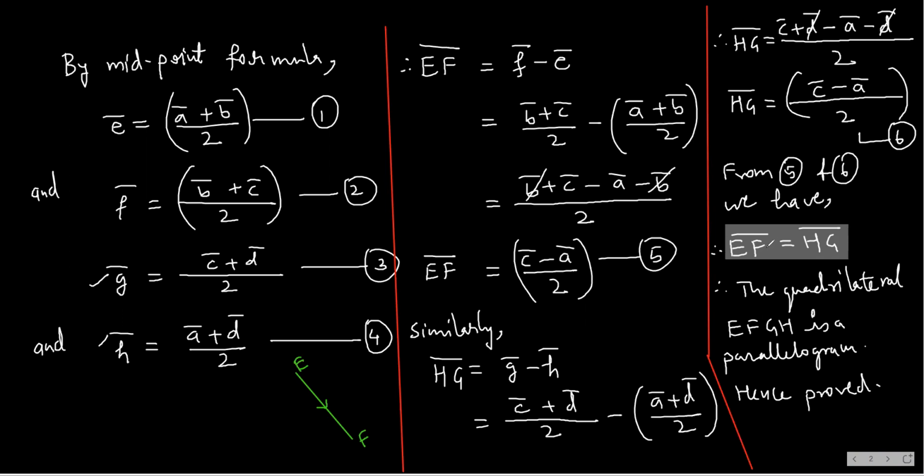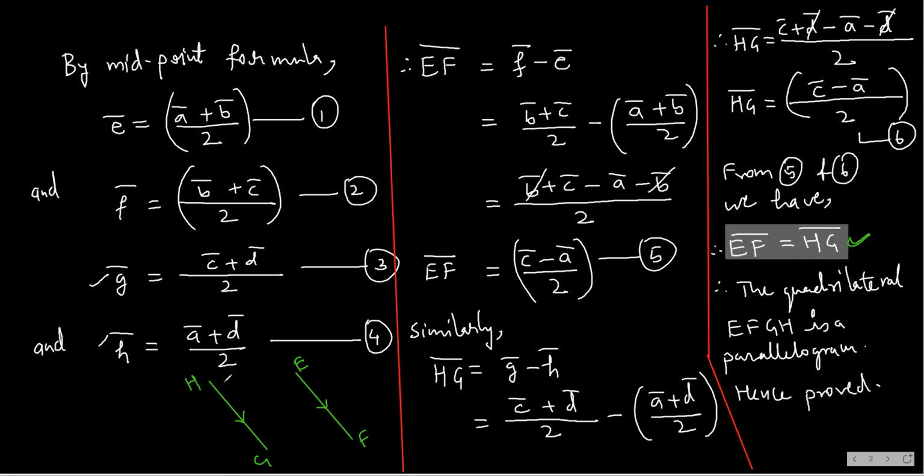That means HG bar has to be in the same direction as EF bar and have equal magnitude. So here I draw HG bar. This is what I have drawn: EF bar is equal to HG bar.